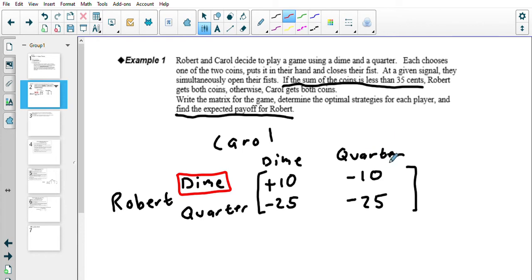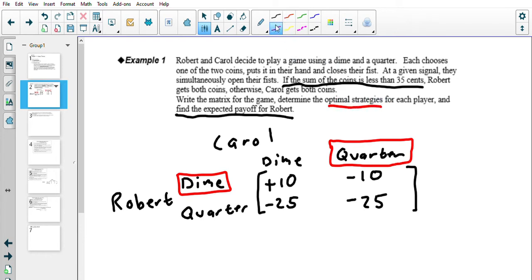If Carol plays the quarter, no matter what Robert plays, the sum is going to be 35 cents or more, so she's going to win. So Carol's best play is to play the quarter, right? That's her best option. She's guaranteed to win at least 10 cents, if not 25, right? So those are the optimal strategies.